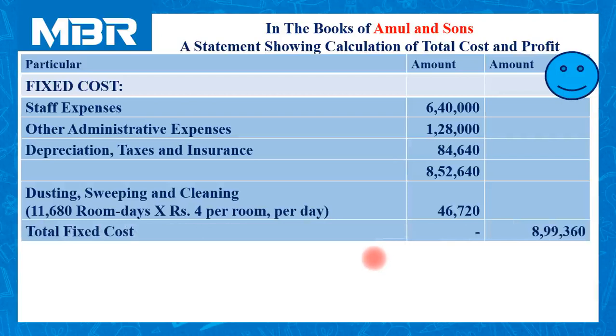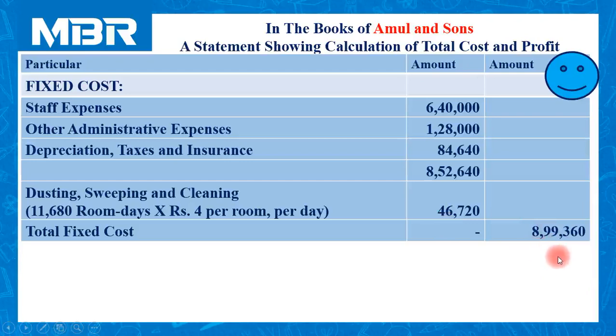Now, second and most important item is total fixed cost. Here, the given total fixed cost is 8,52,640. Apart from this, we need to add 46,720 for dusting, sweeping and cleaning charges per room per day. It is also part of fixed expenditure.